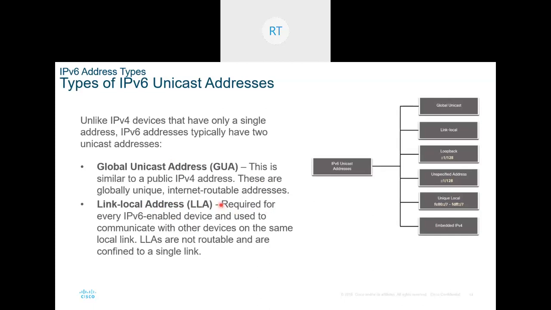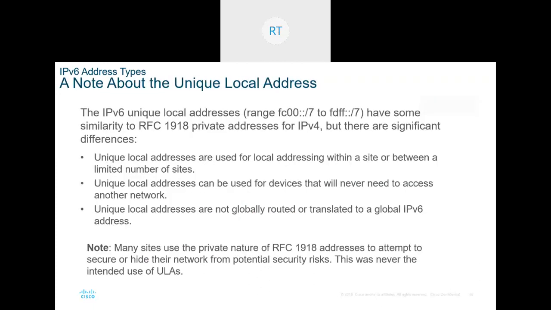The link local address is used to communicate with devices on a local link. When you talk about a link, it's more like a subnet. Those addresses are confined to a link. They are never routed off the link. Those addresses are known as link local addresses.